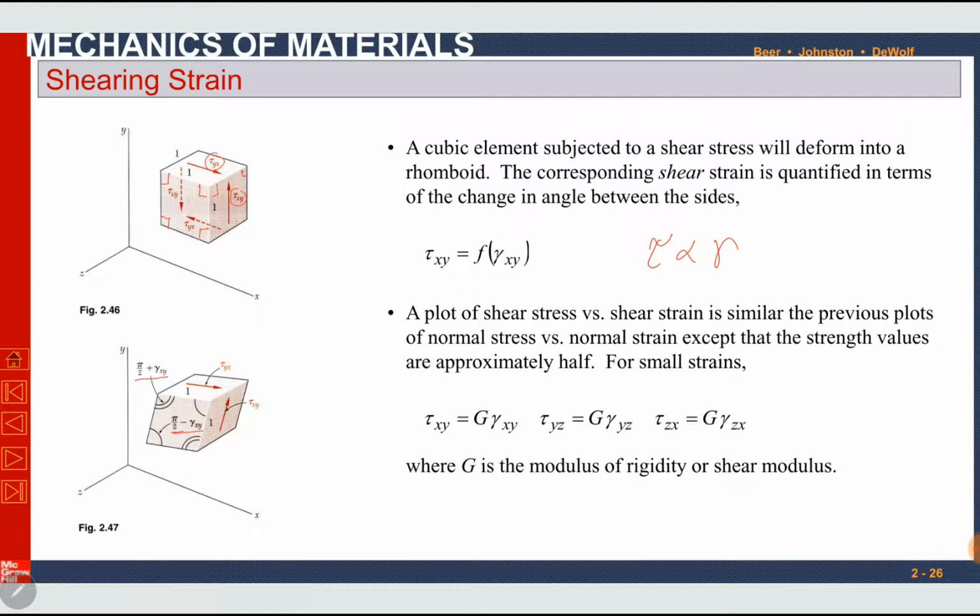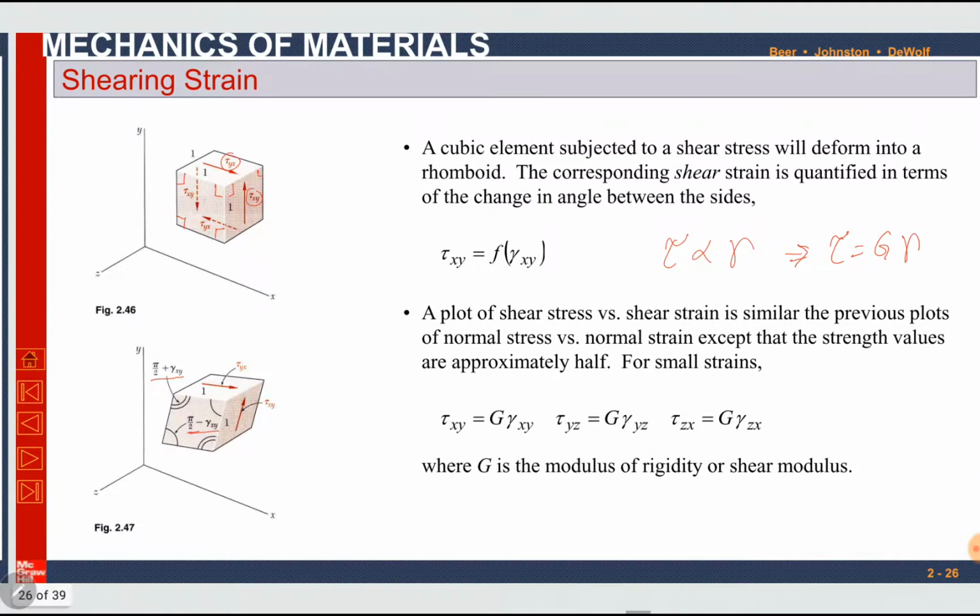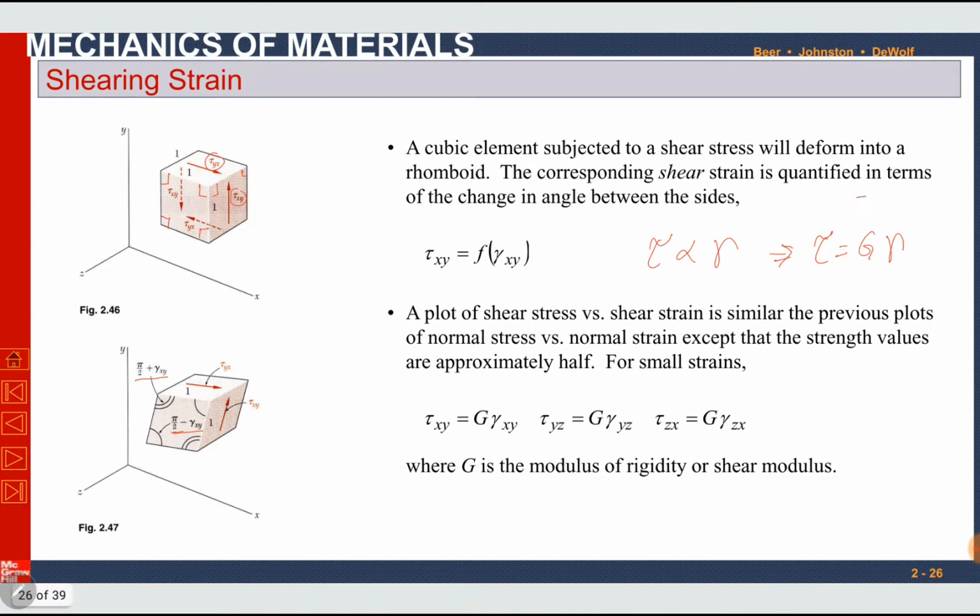So for small values of strain, we can say that shear stress is equal to G into gamma. G is the modulus of rigidity. Similar to the previous one, we had normal stress equal to E into strain, where E was the modulus of elasticity. Now shear stress is equal to G into shear strain, and G is the modulus of rigidity.